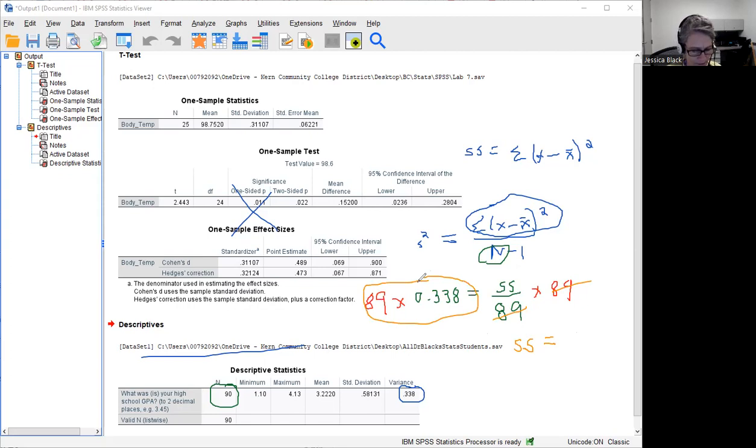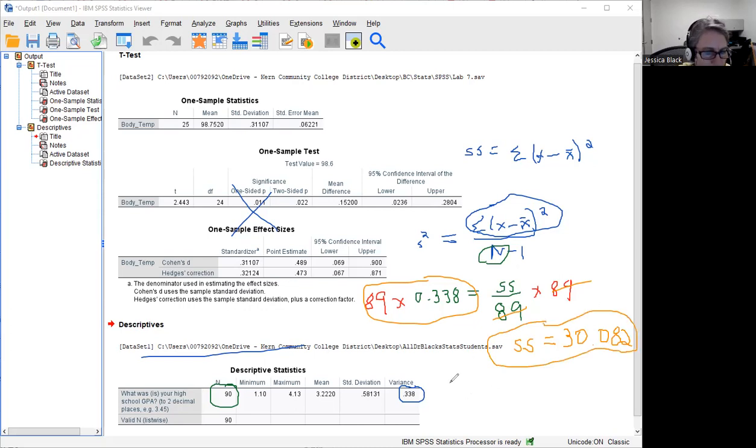So I'm going to use my calculator. 89 times 0.338 equals 30.082. There we go. That's how to find sums of squares.